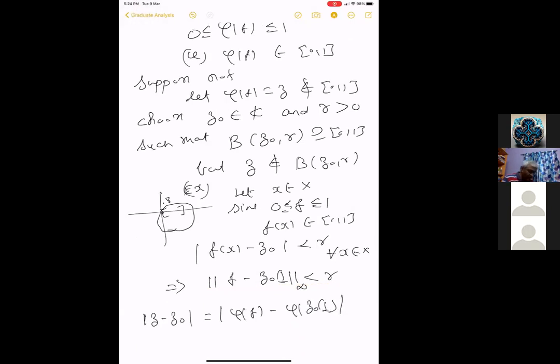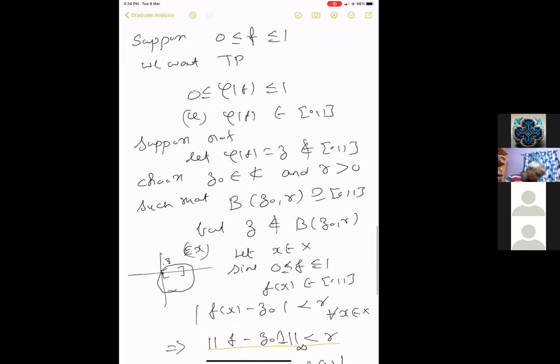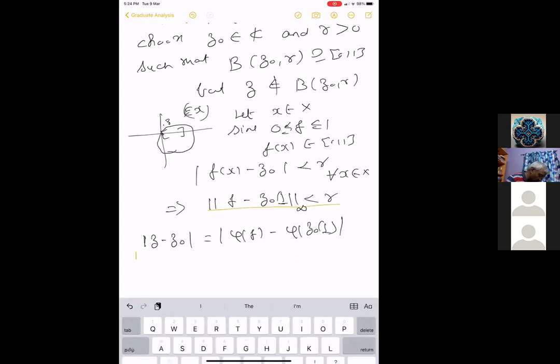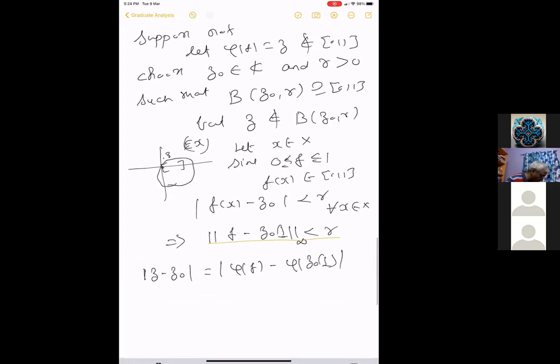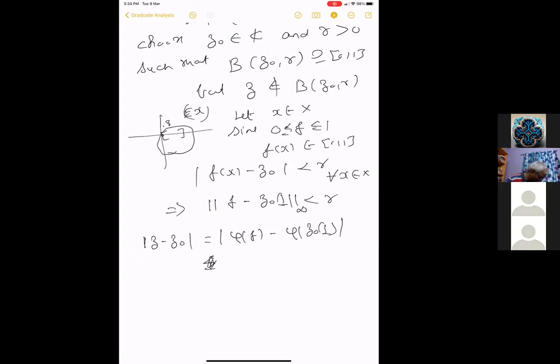You can take z0 out, and phi of 1 is 1, as we assumed initially. By linearity, this is equal to phi of f minus z0 times 1, which is less than or equal to the norm of phi, which is phi of 1, that is 1, times the infinity norm of f minus z0 times 1. So this is less than r.